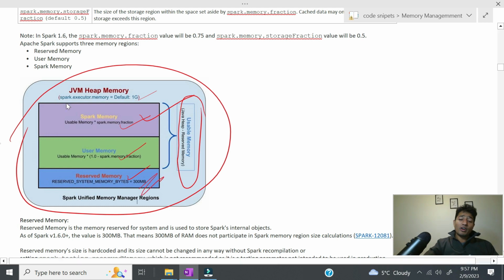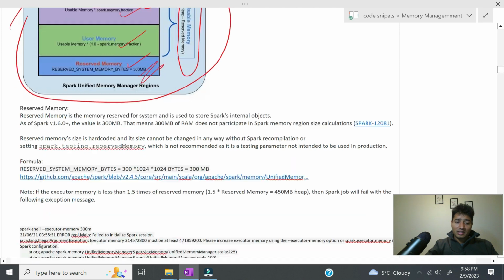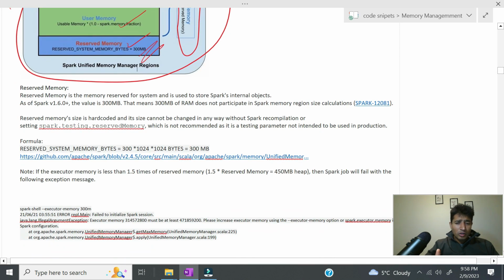So let's see what reserved memory is. Reserved memory is the memory reserved for the system and is used for the Spark internal objects. We'll keep it simple. One important setting is spark.testing.reservedMemory. The reserved memory size is hard-coded and it cannot be changed without Spark recompilation. This setting can be used, but it's not recommended, right?